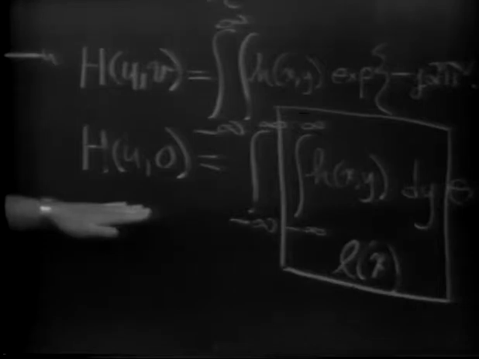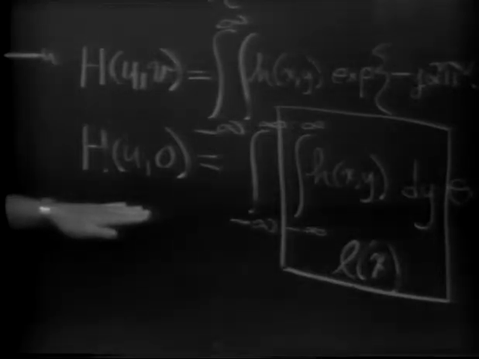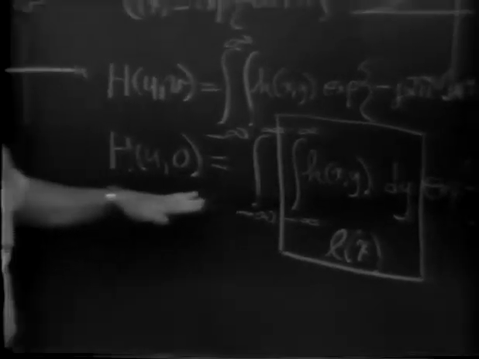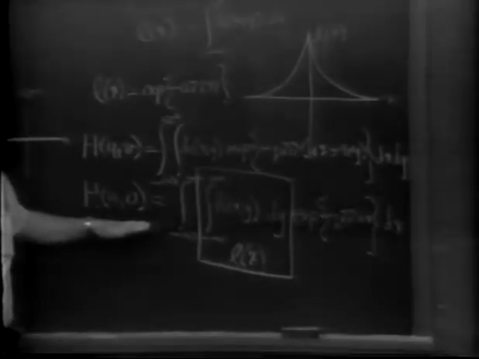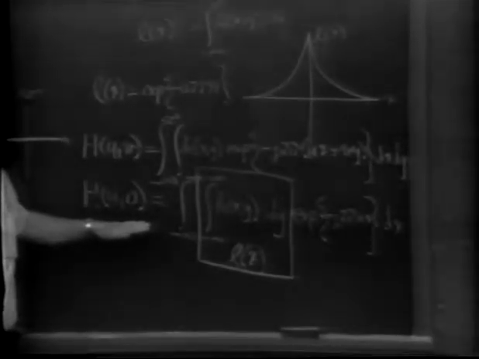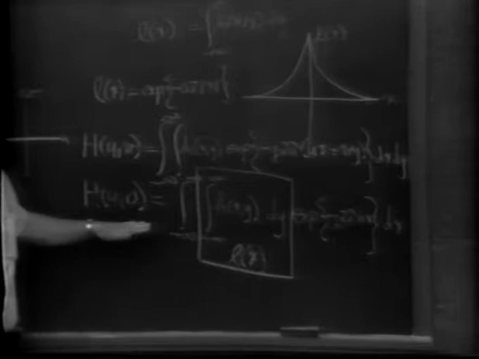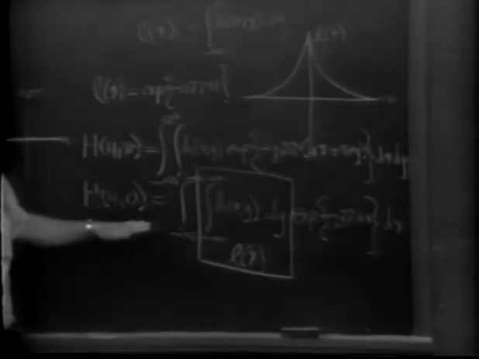The only other concept that's necessary to add to this to do three-dimensional reconstruction is simply noting that if we rotate a function, we rotate its Fourier transform exactly the same way.